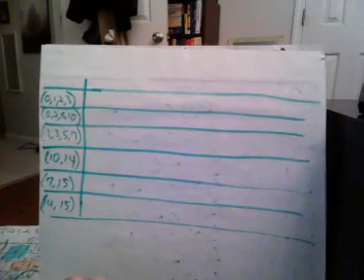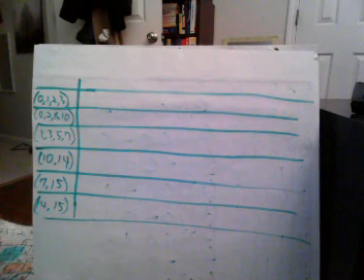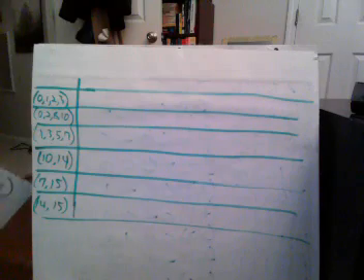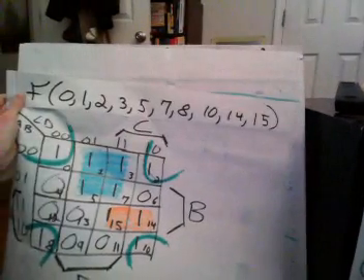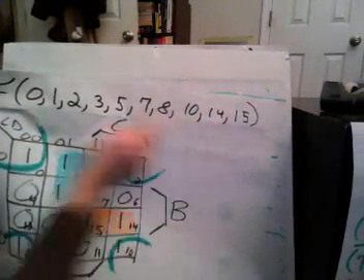And at the top of this chart, I'm going to list all of the values that give us a 1 for our Boolean expression. If we look back at our original problem, it's 0, 1, 2, 3, 5, 7, 8, 10, 14, and 15.